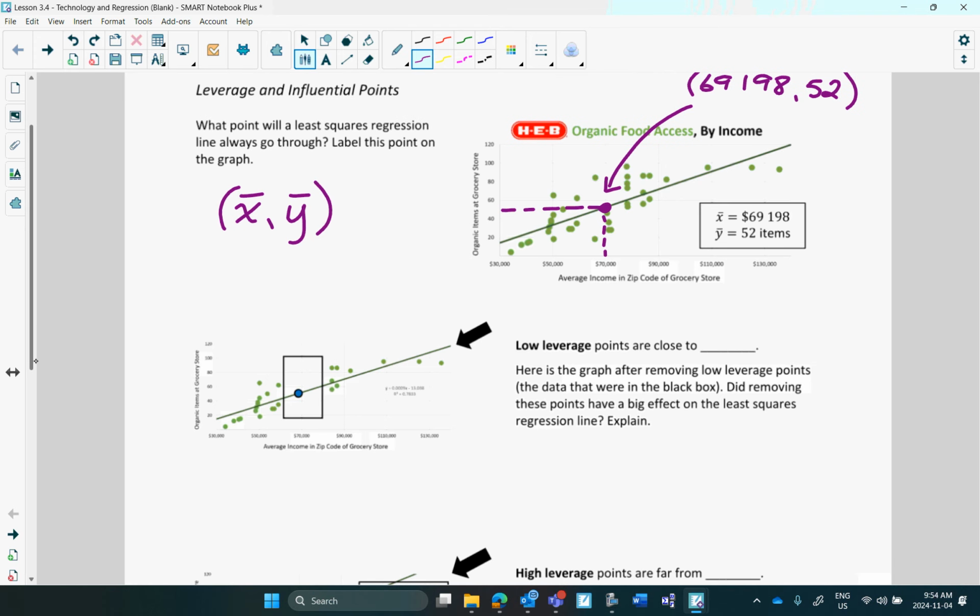Low leverage points are close to this. They're close to the x value, not necessarily the y value.